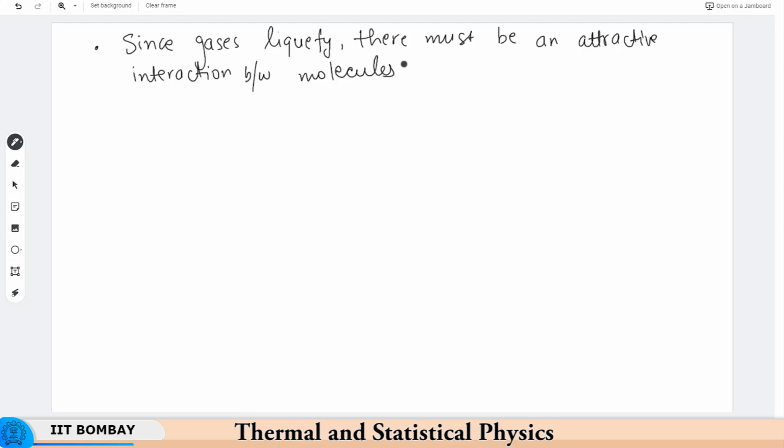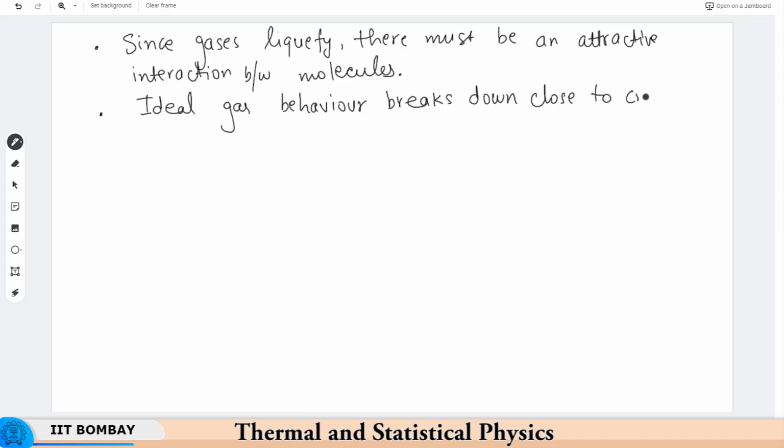Right, so there must be attractive interaction between molecules, and also the ideal gas behavior breaks down close to the critical point. So basically we need a better model or better theory to understand or to explain these observations.